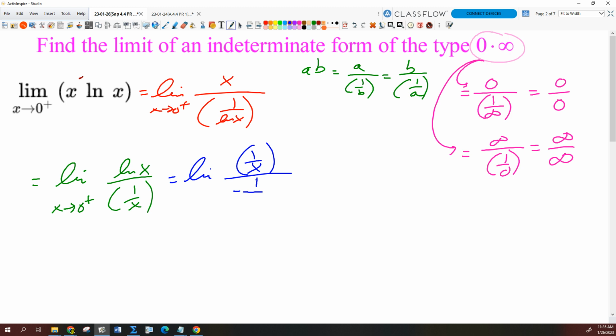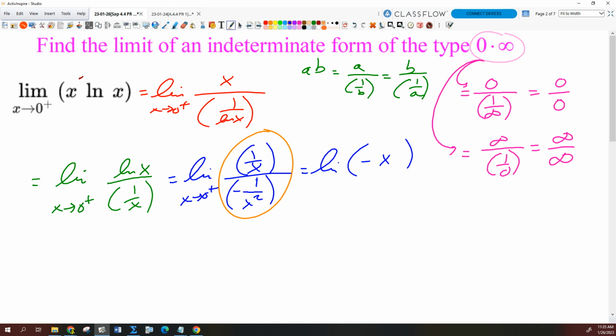So negative 1 over x squared. Well, again, let's orange bubble that. What's that equal? Yeah, negative x squared over x, which is just negative x, right?